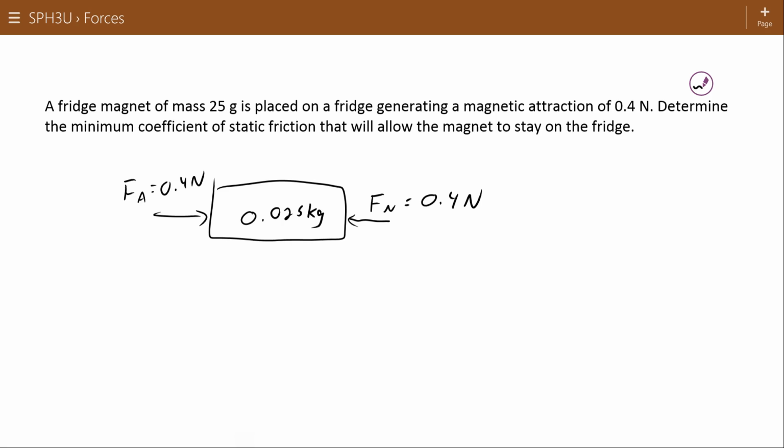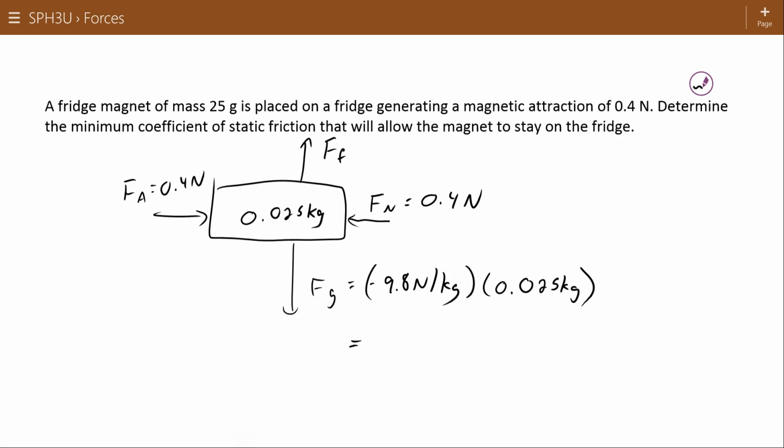Now the other forces acting determine the minimum coefficient of static friction that will allow the magnet to stay on the fridge. The other force acting on this magnet is a force of gravity that's trying to pull it off the fridge. And since we have a normal force, we can surmise that it's the force of friction that's keeping that force of gravity from pulling it down. Force of gravity here is going to be negative 9.8 newtons per kilogram times our mass of 0.025 kilograms, or 0.245 newtons.